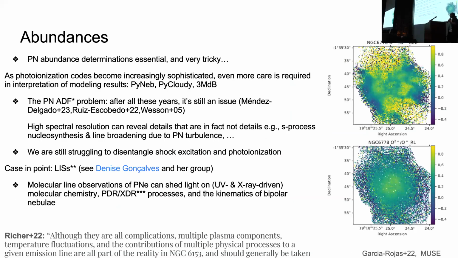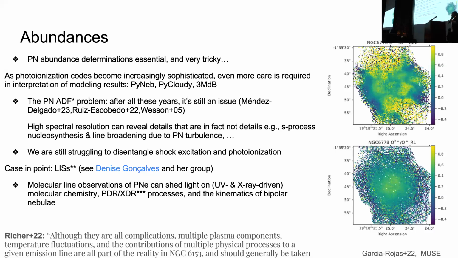Abundances, another important thing. The planetary nebulae abundances are really tricky. There's a long-standing problem in planetary nebulae, the ADF, the abundance discrepancy factor. Basically, when you calculate your abundances using collisional excitation lines or the optical recombination lines, we do not have the same results.